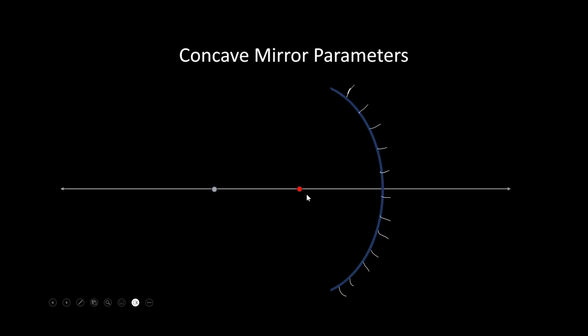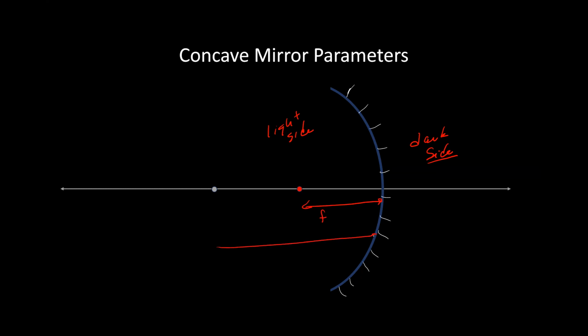So again, terminology, quickly. Concave mirror. This is the dark side right here. This is the light side, or the reflective side. Focal length. This is the radius of curvature. Objects here, their distances are positive.